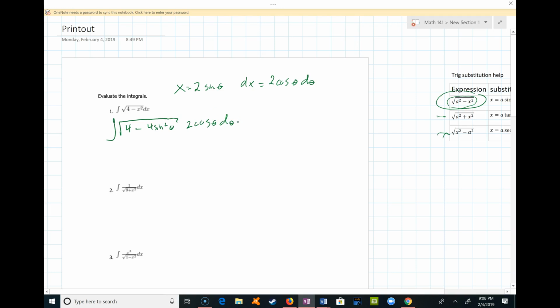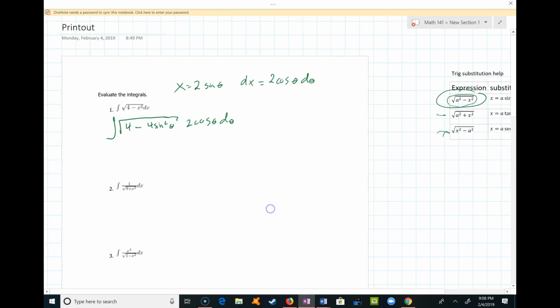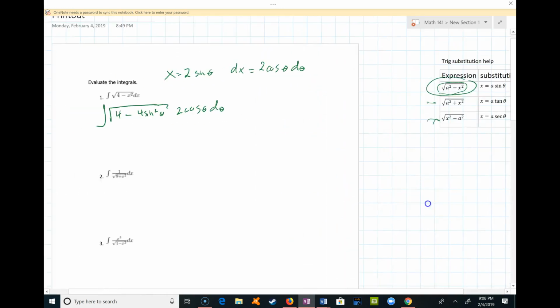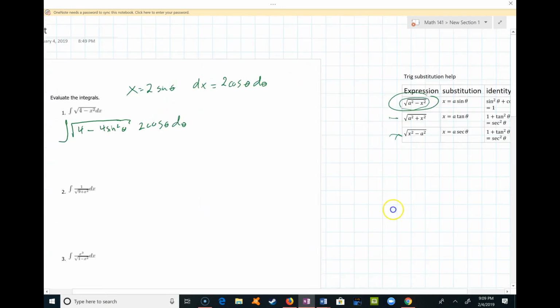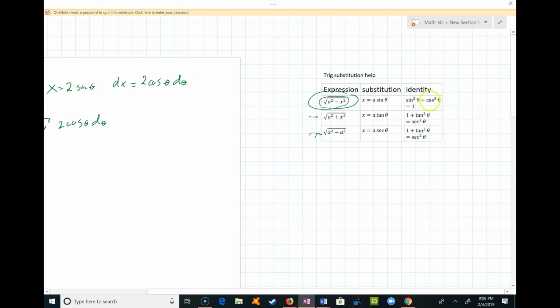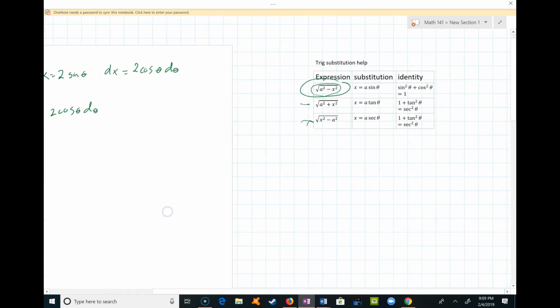The reason why this works out nicely is because we know the trig identity sine squared plus cosine squared equals 1, and we're more interested in this form: 1 minus sine squared is equal to cosine squared.